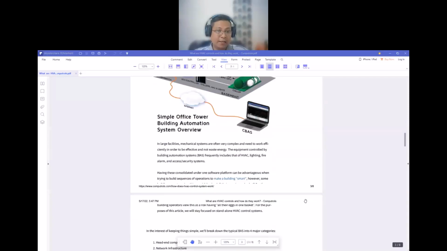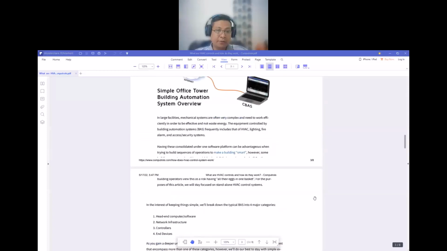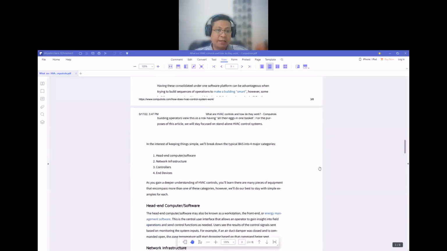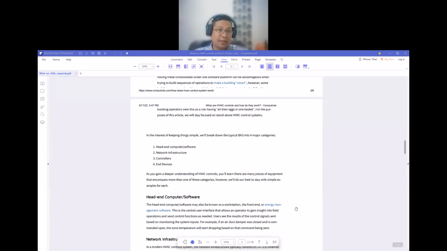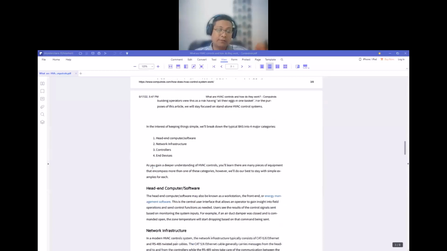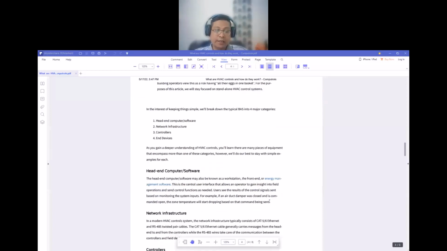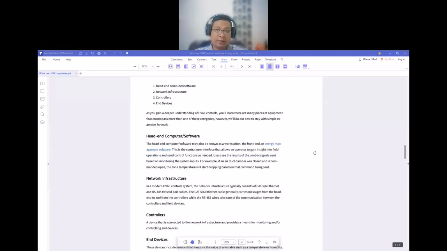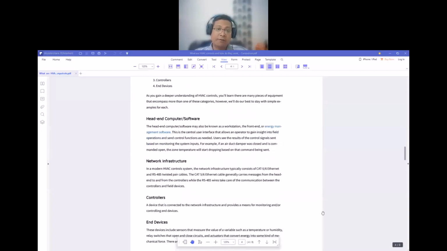And then, keeping things simple, we will break down the typical system into four major categories: head-end computer software, zones, controllers, and network infrastructure. We divide by zone, so as I mentioned before, maybe one is for devices like network infrastructure, maybe office, and so on. And then how we control or design for that purpose.